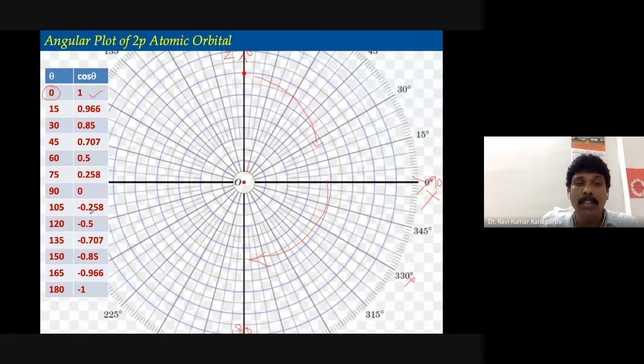So you need not worry about negative signs in the value. When you calculate the cost function, or in another polar graph I am going to demonstrate, we will see some negative values too. Don't worry about them. Simply consider the magnitude, and mark it along the particular axis.